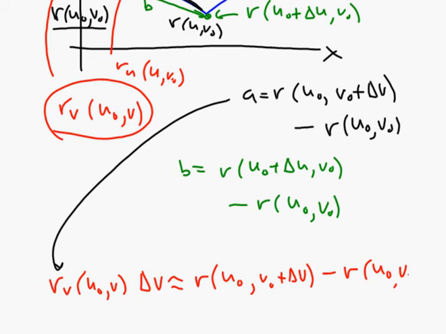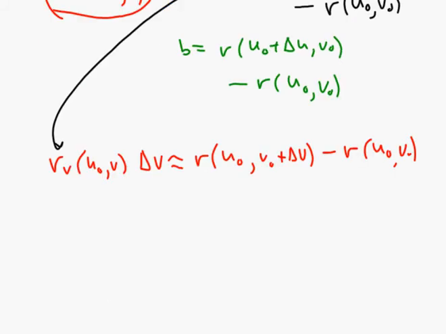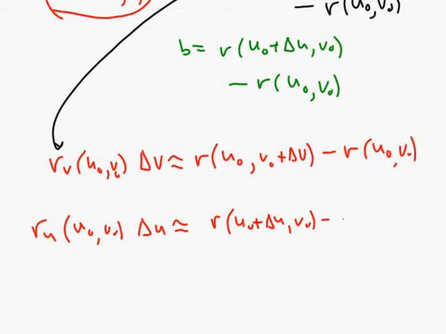Okay, so you have to sort of believe that. And then similar reasoning will tell you that this partial derivative with respect to u at u0, v0, multiplied by delta u, is a good estimate for this expression, R of u0 plus delta u, comma, v0, minus R of u0, v0.